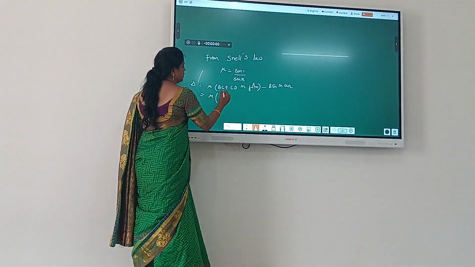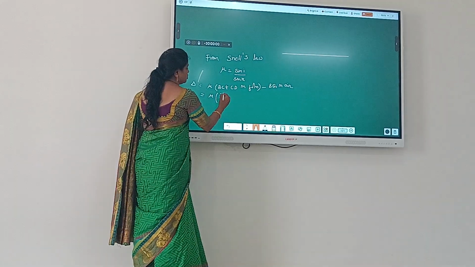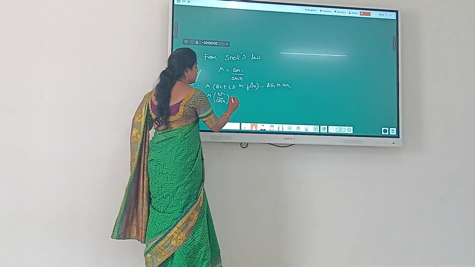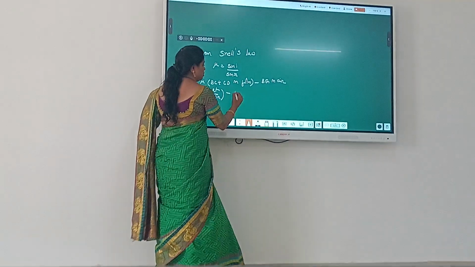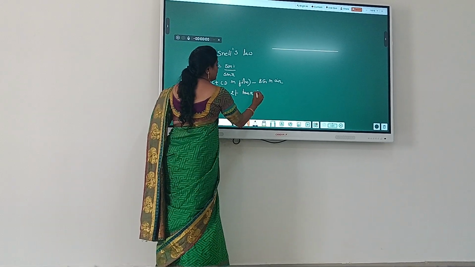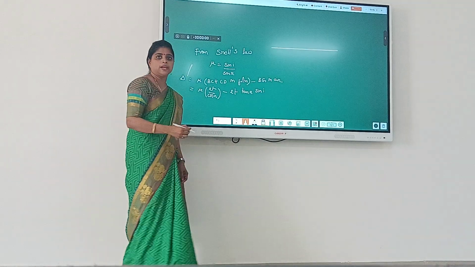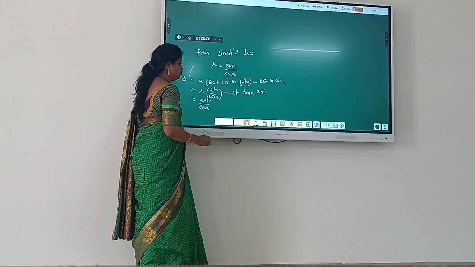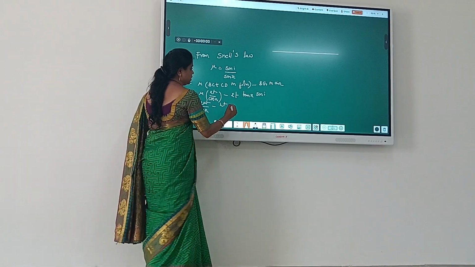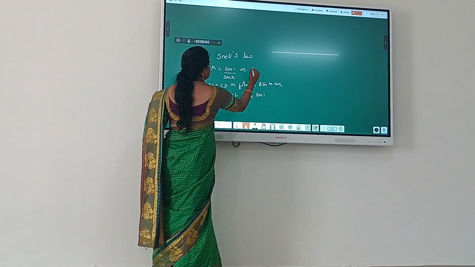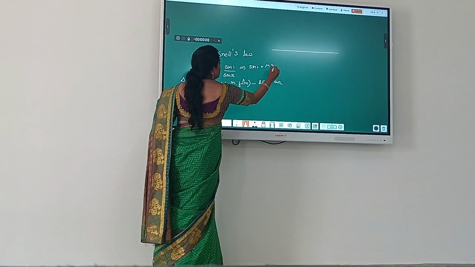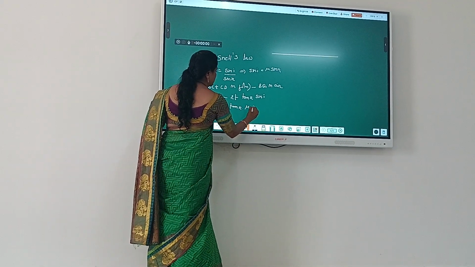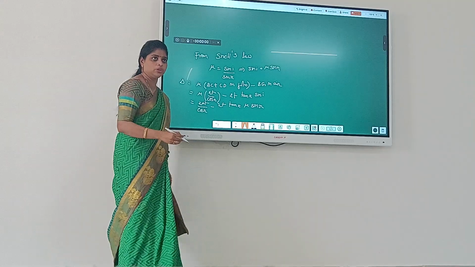BC plus CD is 2T by cos R. So mu into 2T by cos R, minus the BC value, 2T tan R sin I. That equals 2 mu T by cos R minus 2T tan R sin I, where sin I, according to Snell's law, is mu into sin R.